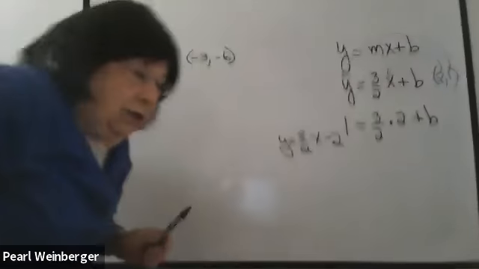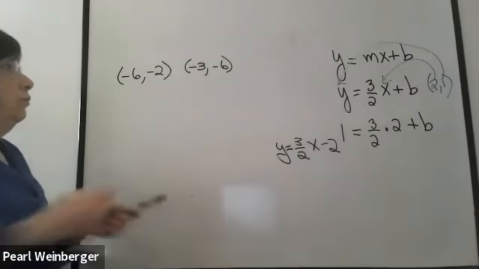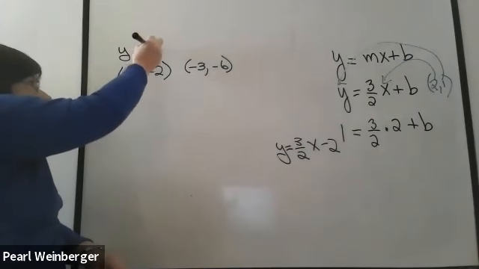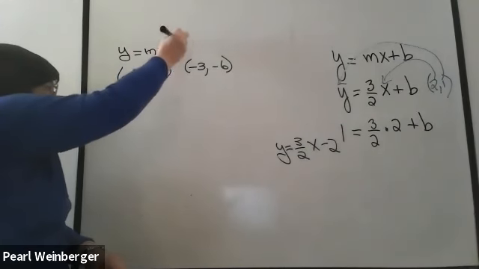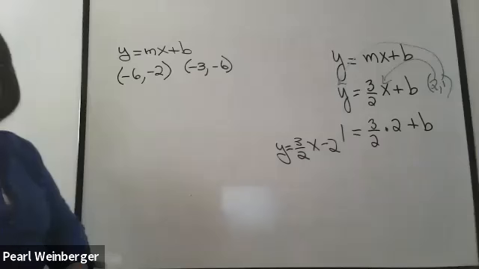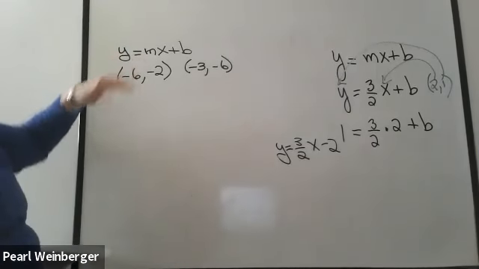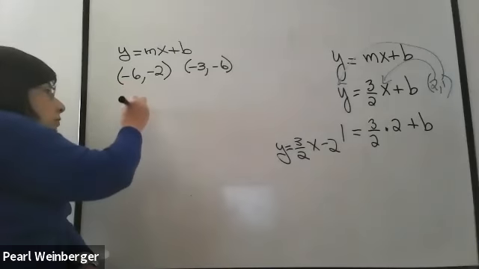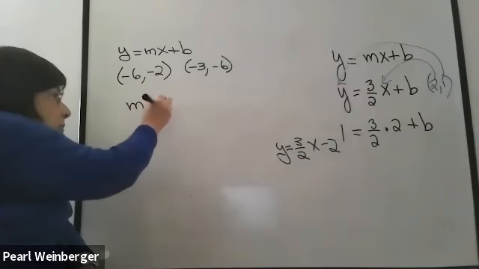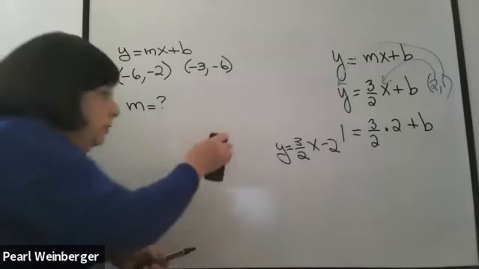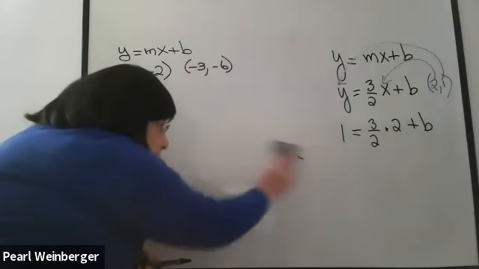Again, we're looking for the equation of the line, the y equals mx plus b equation of the line. Whenever we want to write the equation of the line, the first thing we want to find is the slope. Now, I think you know how to find the slope, so I'm going to give you a couple of minutes to find the slope.